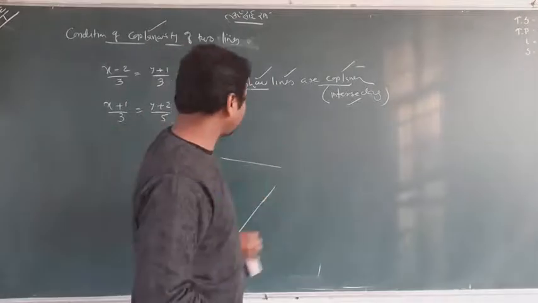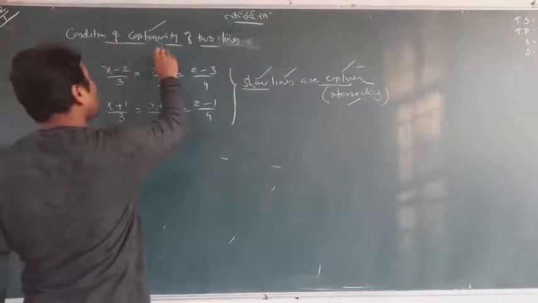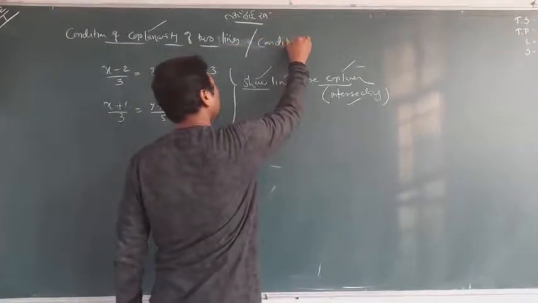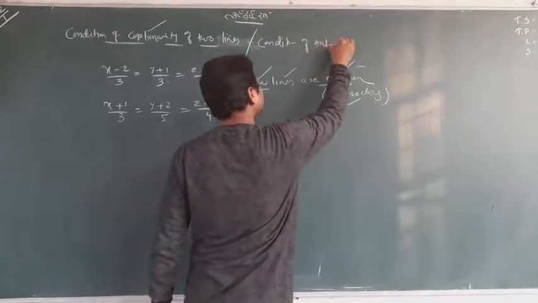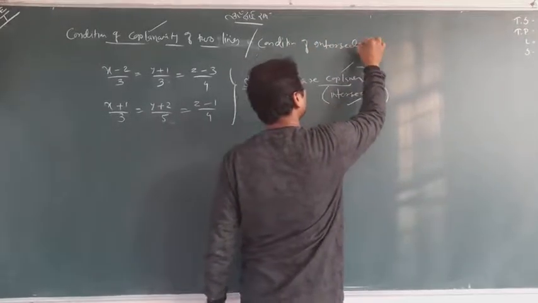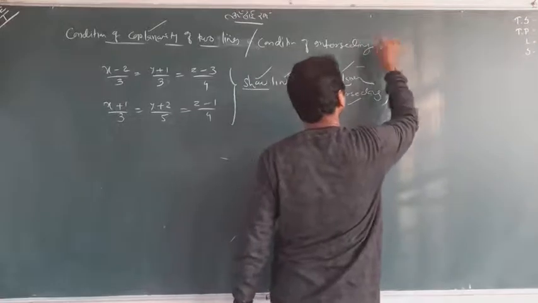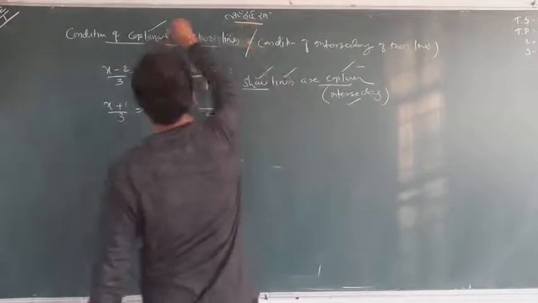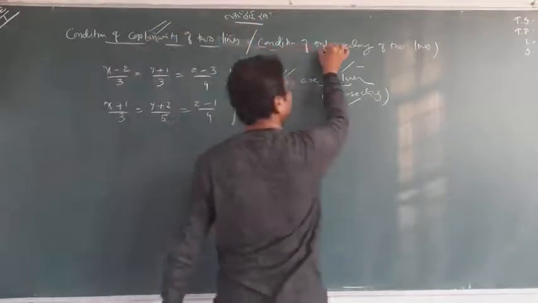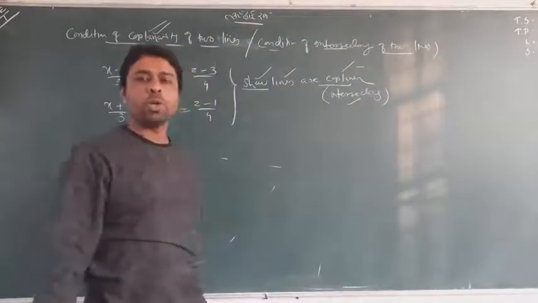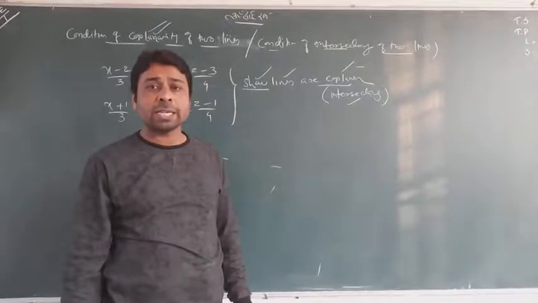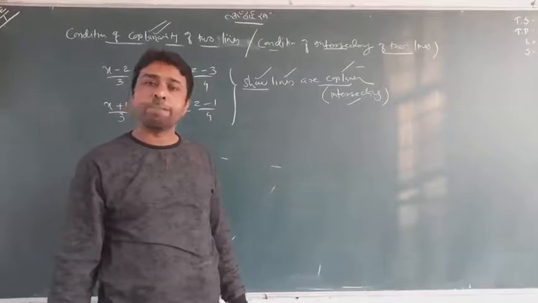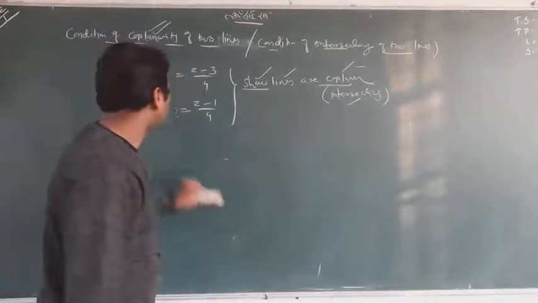So the question may be like that: condition of coplanarity of two lines, or condition of intersection of two lines. So you may be told to show that lines are intersecting. Same proof. Show that lines are coplanar. Same proof.